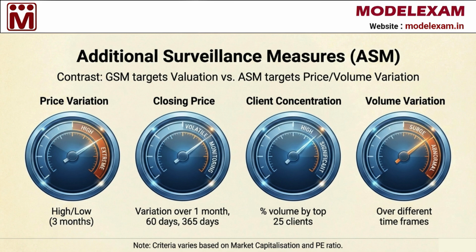The regulators monitor price variation between high and low points over 3 months. They track closing price variations over 1 month, 60 days, or 365 days. They also check client concentration to see if the top 25 clients are trading a huge percentage of the volume. If a stock shows abnormal surges in any of these areas, it gets shortlisted.